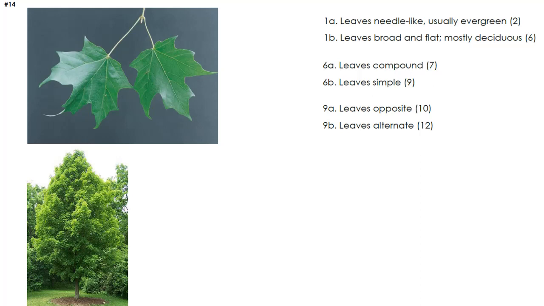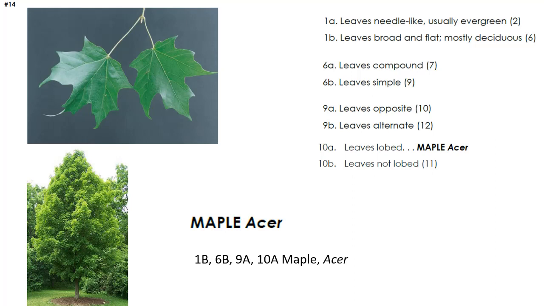They're coming from the same node. Leaves lobed or leaves not lobed. And this is a typical leaf that's lobed. So this is a maple. So the path to it is 1B, 6B, 9A, 10A, and that's your maple.